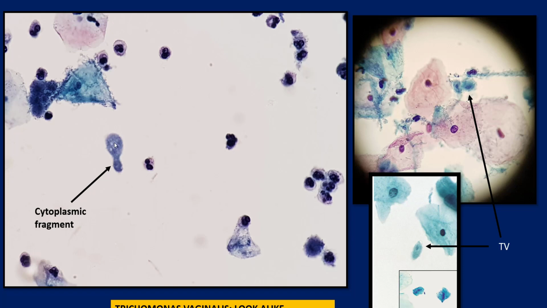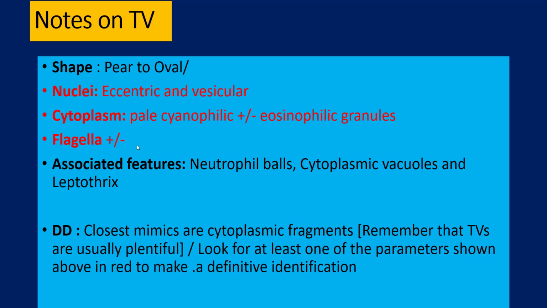But the important thing to remember is that when Trichomonas vaginalis is present in a smear, they're usually present in large numbers. So when you see one or two structures which look like Trichomonas vaginalis in the entire smear, they're most likely not Trichomonas vaginalis and just cytoplasmic fragments.